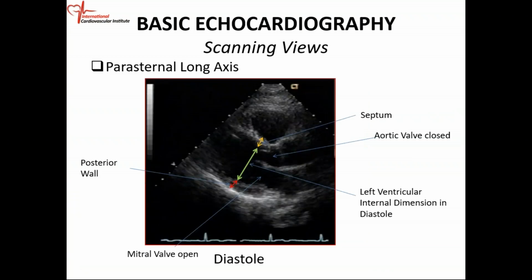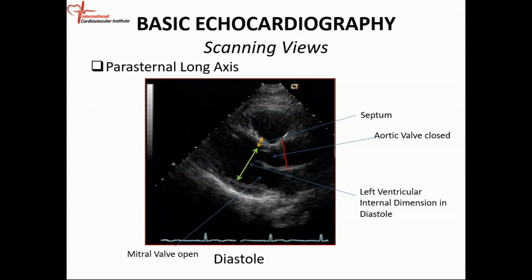You're going to measure the aortic root measurement. It should be a diastolic measurement. You're going to do that from the upper aortic wall straight down to the inner wall.